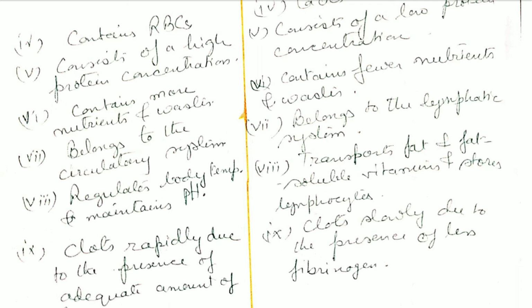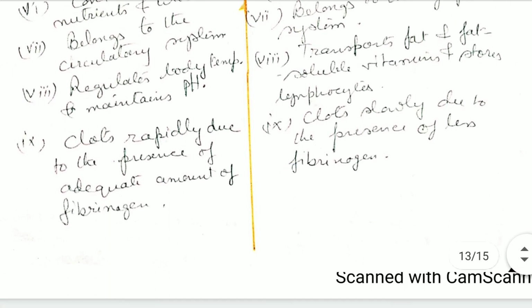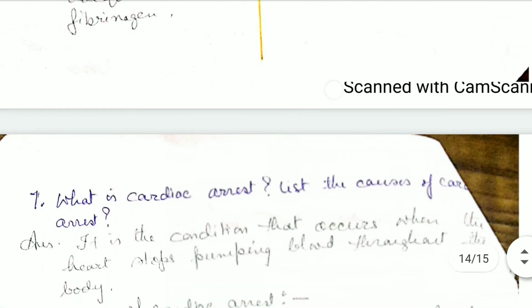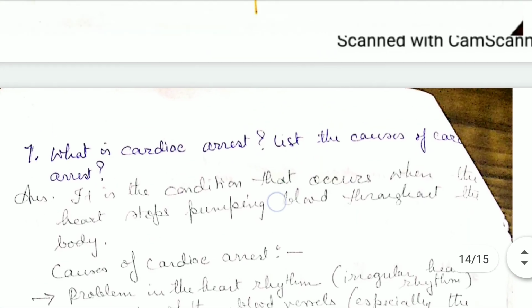Blood regulates body temperature and maintains the pH, whereas lymph transports fat and fat soluble vitamins and stores lymphocytes. Blood clots rapidly due to the presence of an adequate amount of fibrinogen, but lymph clots slowly due to the presence of less fibrinogen.